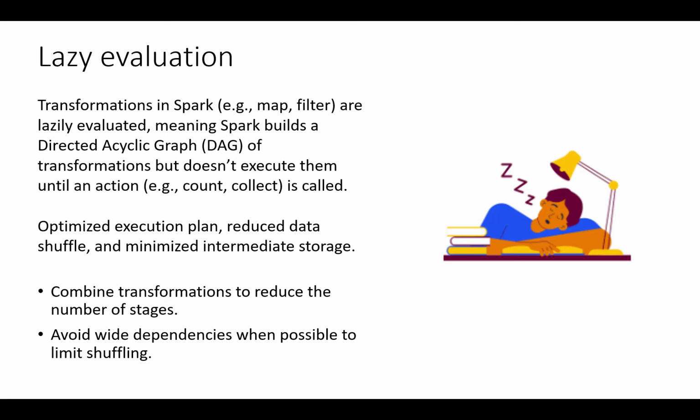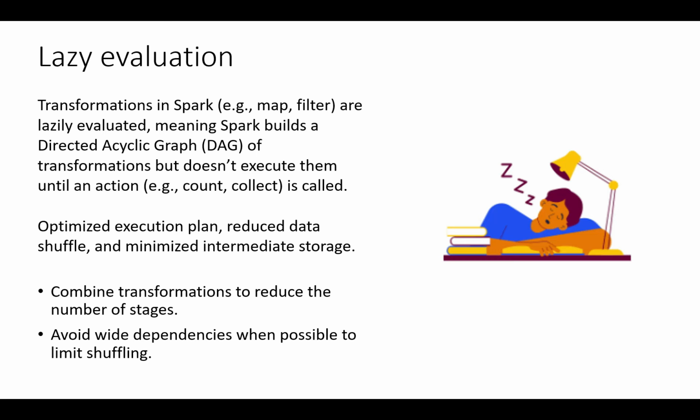Transformation is something like a map, a filter, which is lazily evaluated. The whole lazy evaluation concept is there because Spark does not create a DAG when it encounters a transformation. Only when it encounters an action, something to be actually done, for example, doing a count, doing a collect, only then will it create a DAG and start the execution.